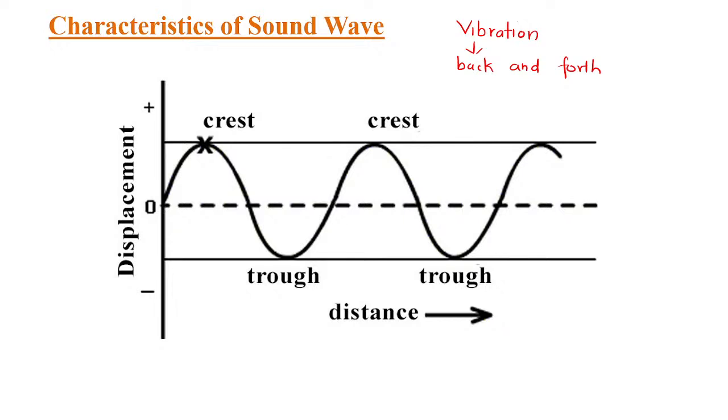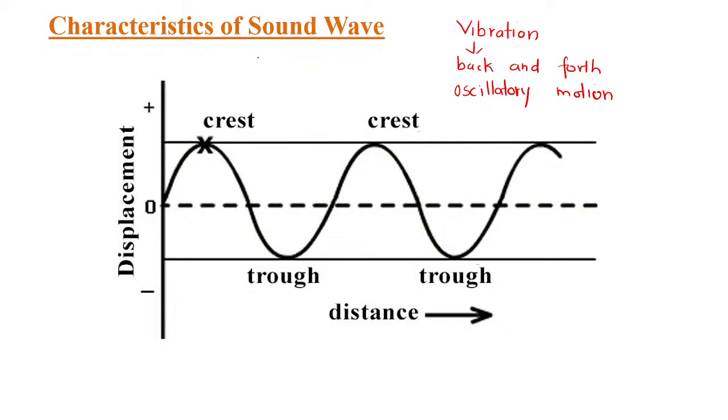We have studied in our earlier classes that such a motion is also called what? Back and forth movement, wherein the motion is repeated after some time. You have learned about different types of motion in your lower classes and it is termed as oscillatory motion, isn't it? Now we are going to understand certain characteristics of this sound wave.